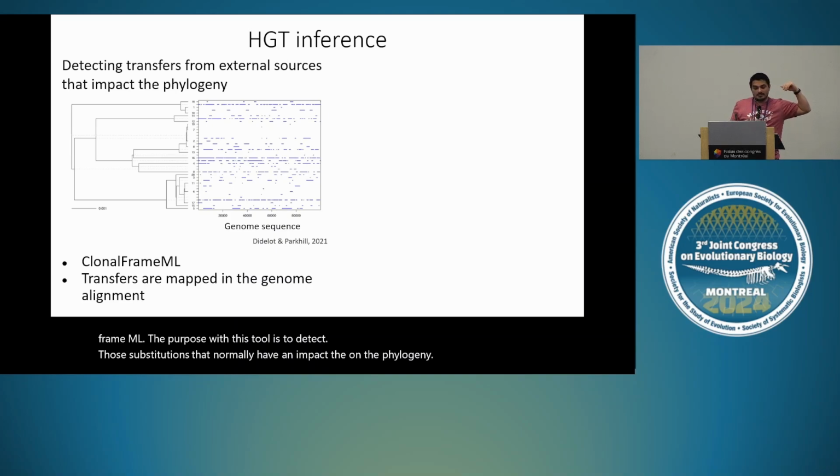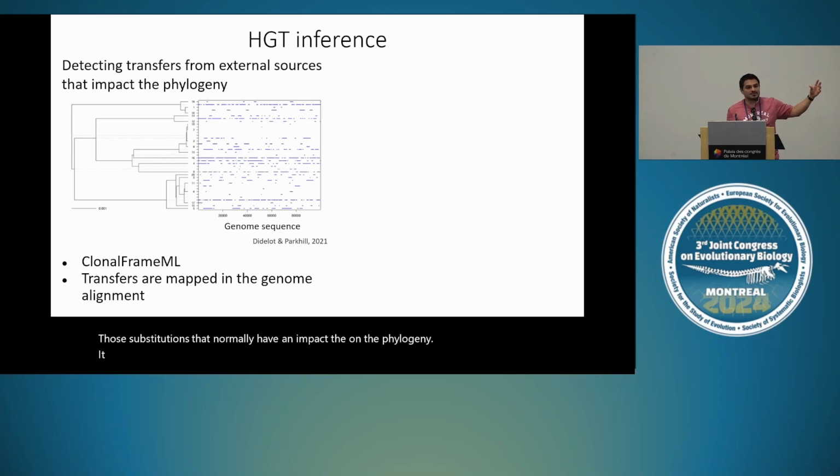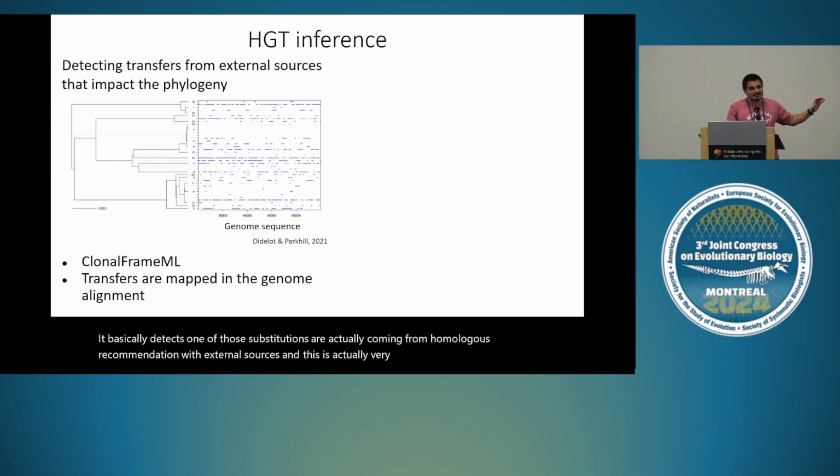It basically detects which of those substitutions are actually coming from homologous recombination with external sources, and this is very important. When I say external sources, I mean strains that are not part of the sample. It differentiates those from the substitutions that come from the mutation expected under vertical inheritance.